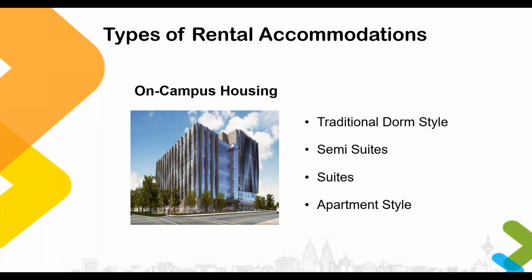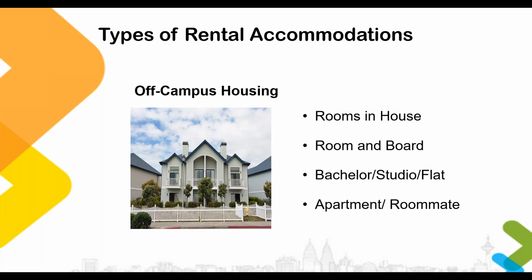Semi-suites are generally residents living in adjoining or double rooms, and they share a bathroom for perhaps 4 residents. And if you've got your own suite, of course, it means that you're probably by yourself. And then there comes the apartment style, where you have your own apartment. You're not sharing anything with anyone. You don't have to schedule time to use the microwave or anything like that.